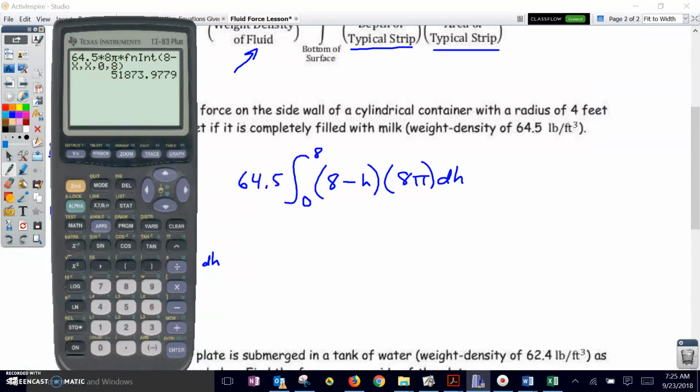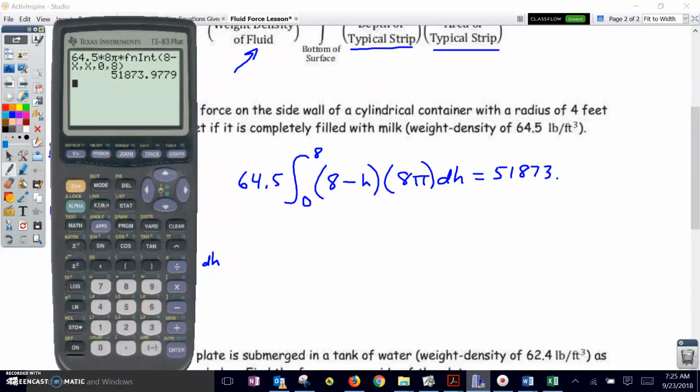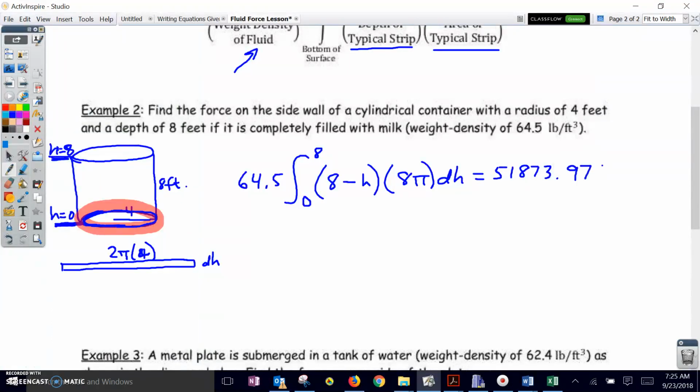And you get 51,873.978 pounds is the amount of force on the side wall of the tank.